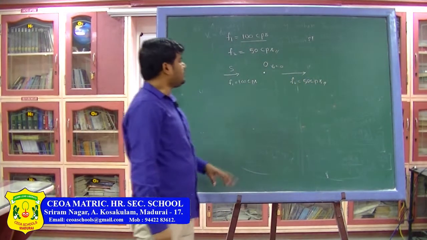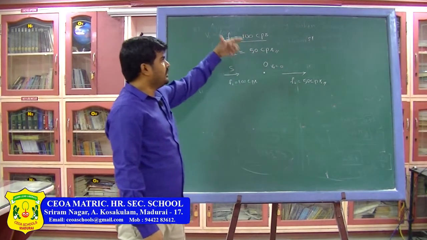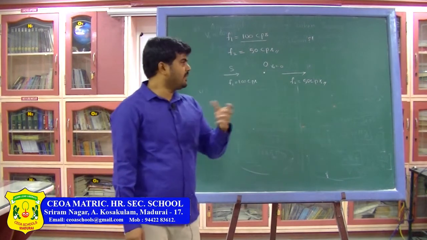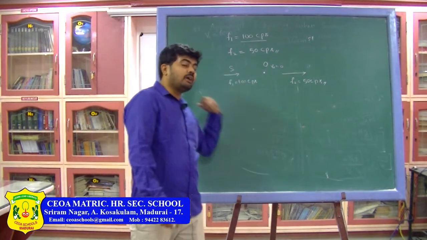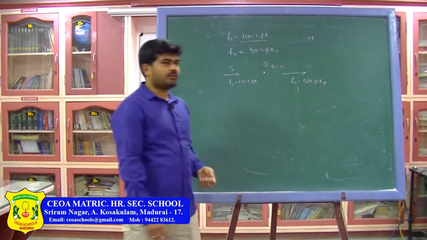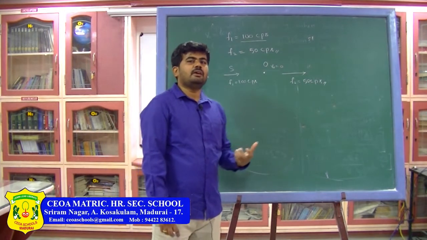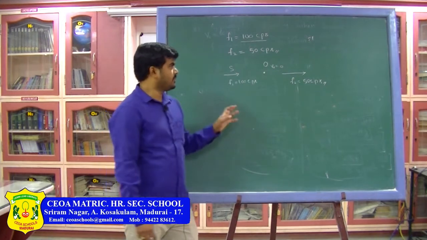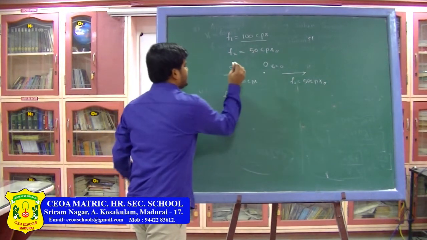Now, what we have to calculate is the actual real frequency of the source. That is mentioned as the frequency when the observer is moving along with the train. That means when the observer is inside the train, he receives the frequency which is really produced by the train. So here we have to find the actual frequency of the source.